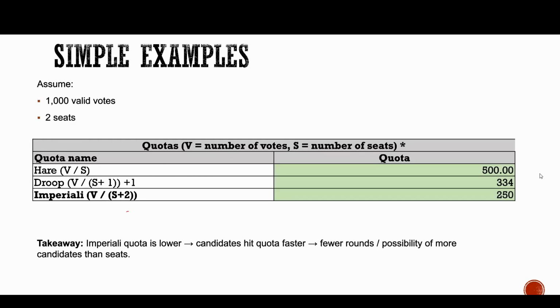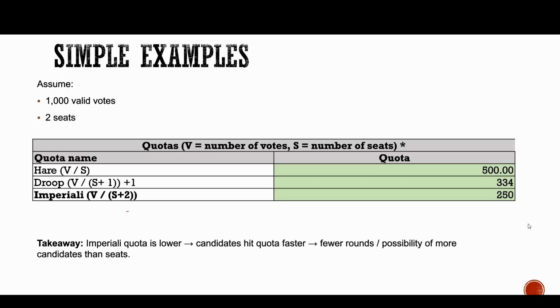So we're just looking at the other quotas here as well. We've got Hare, Droop and Imperiali, with the formulas next to them. We're assuming in this example that there are 1,000 valid votes and 2 seats. With Hare, you would need 500 votes to hit the quota in that first round.